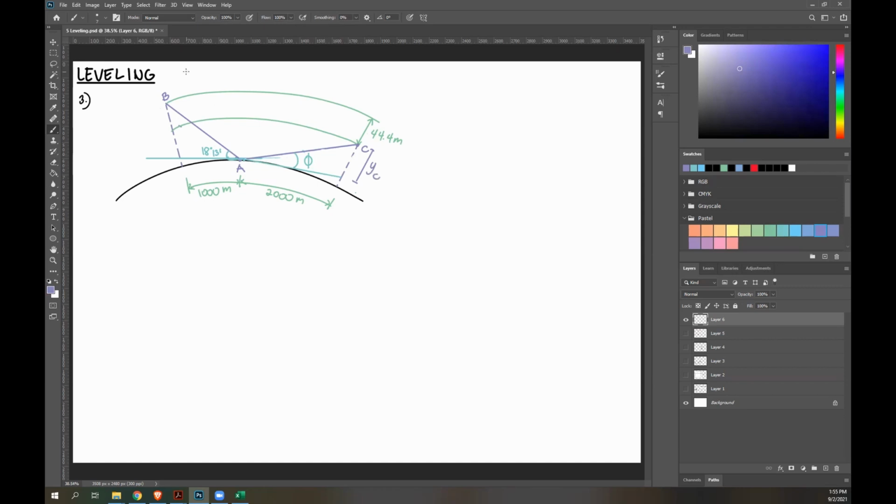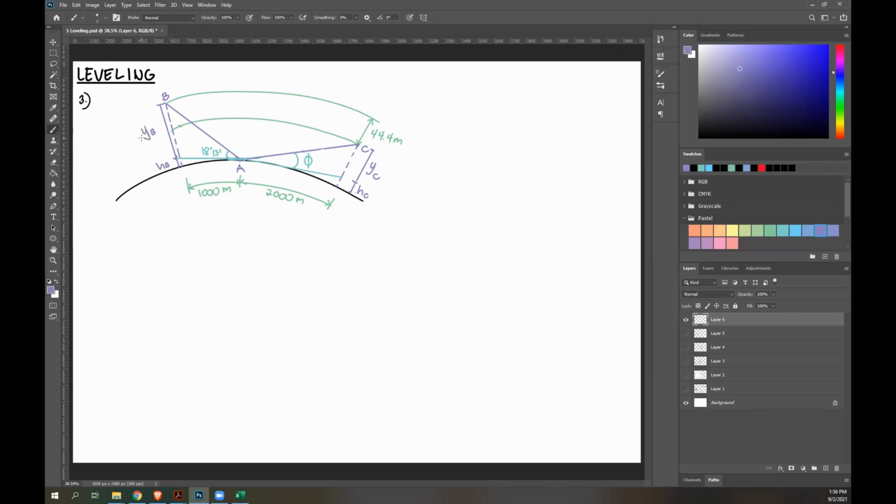Same thing here, this height from the horizontal line, let's call that HB. And then again, because of curvature, we have this correction, your HC, and this is your HB. So once again, the goal first is to get YC. To get that, let's compare the left and the right hand sides.